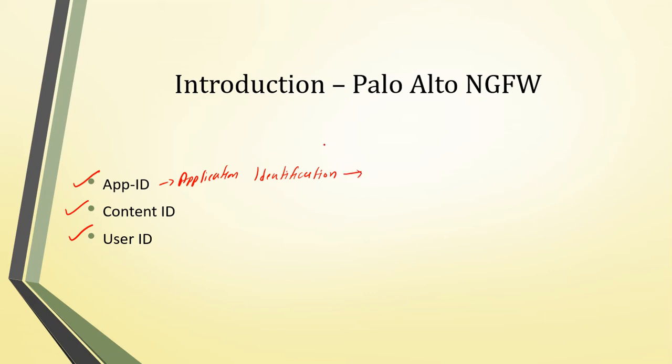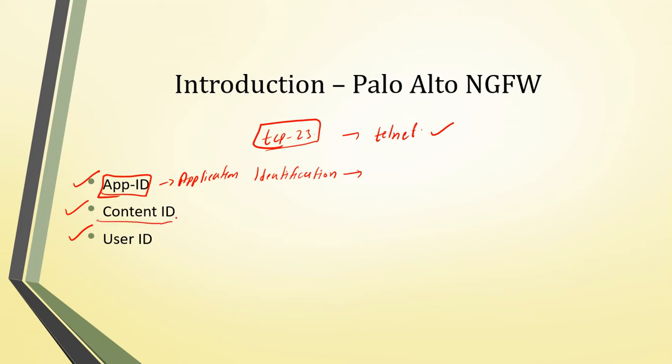Like on the previous slide, I shared an example: to allow telnet, you need to allow TCP 23. But in a Palo Alto Networks firewall, you can simply choose the application, like telnet, that needs to be allowed. That's it. That is the feature of the Palo Alto Networks firewall called App-ID.